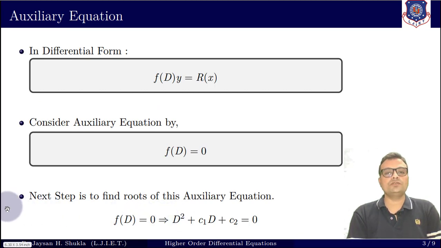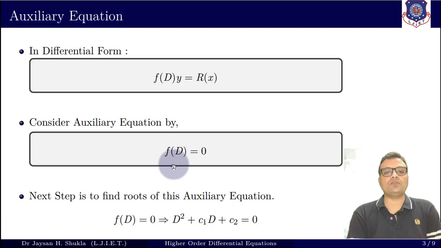Now let us move to the complementary function as a part of the general solution of the given higher order differential equation. First of all, in the differential operator form of the equation which we already derived, f of D y equal to r of x, we need to consider one equation which is known as the auxiliary equation.